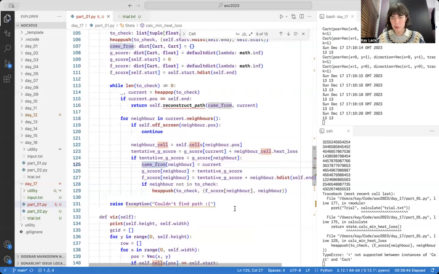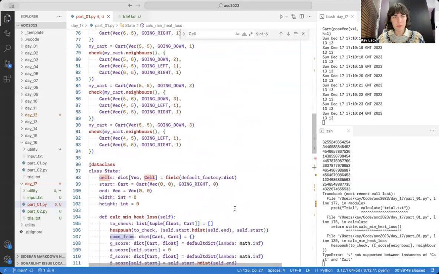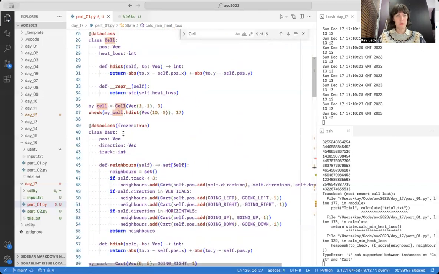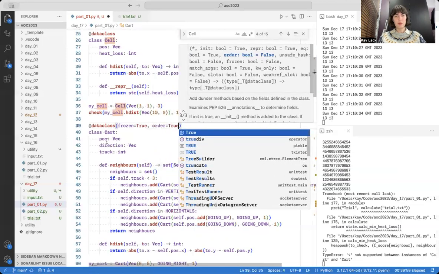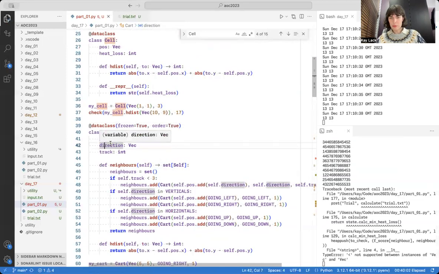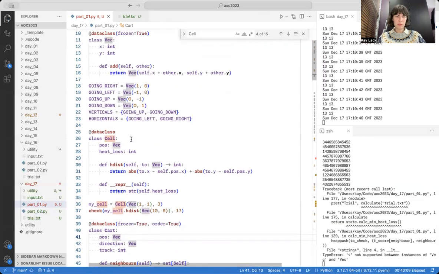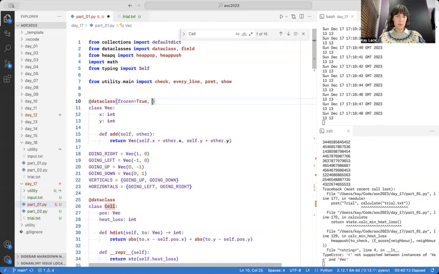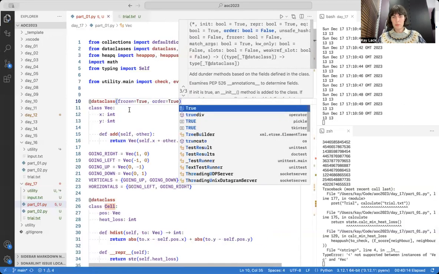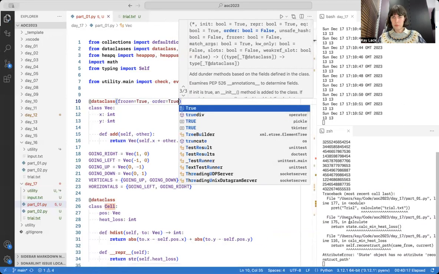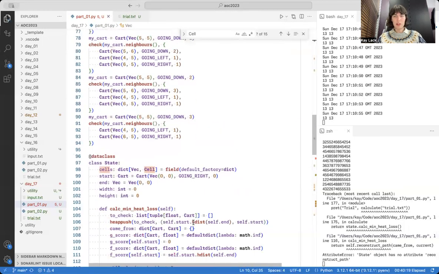Okay, we're ordering. Okay, we're finding the right path.